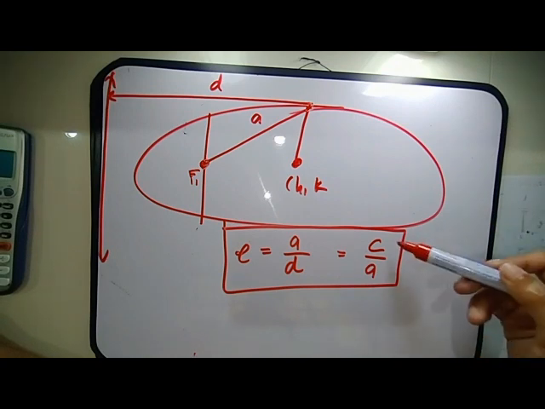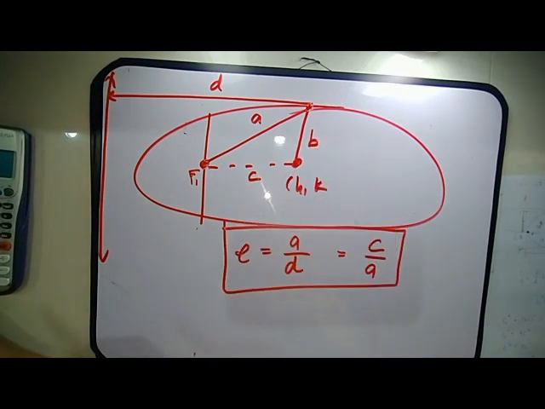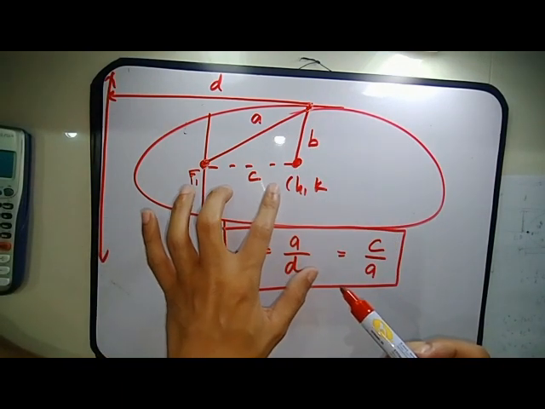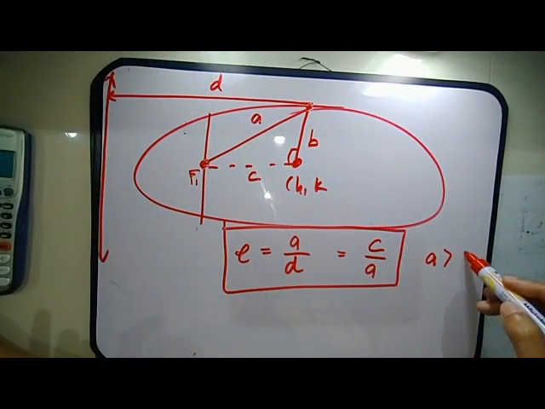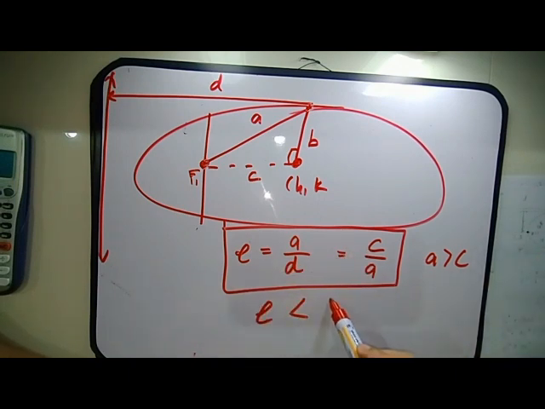And here, since kanina guys, diba, ito C, this is C, and this is B. So, of course, your C is a leg of your right triangle here, and A is the hypotenuse. Therefore, A is greater than C. So, if A is greater than C, therefore, for an ellipse, the eccentricity is less than 1. So, yun guys, tatandaan natin, less than 1 ang eccentricity niya.